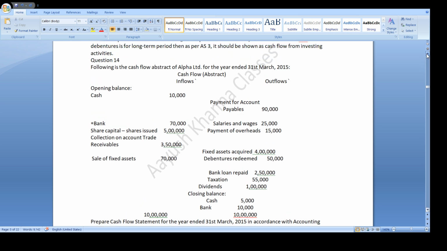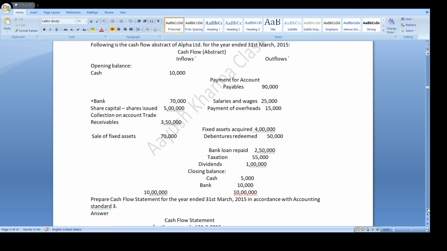Question number 14. Following is the cash flow abstract of Alpha Limited for the year 31st March 2015. It's just an abstract of cash flow statement.